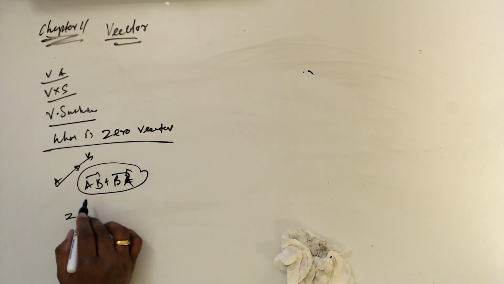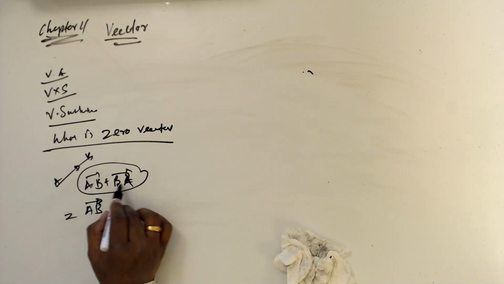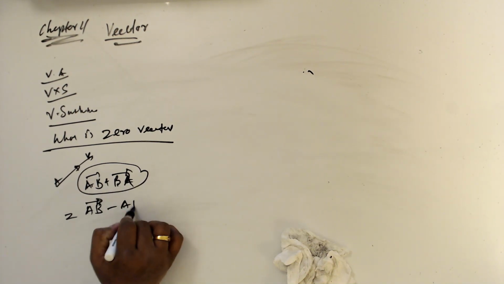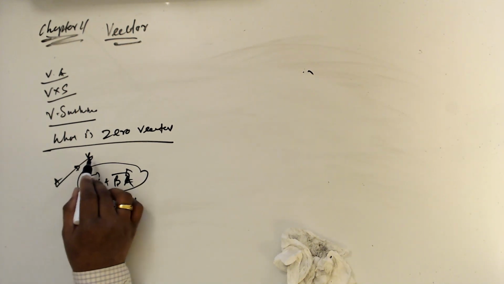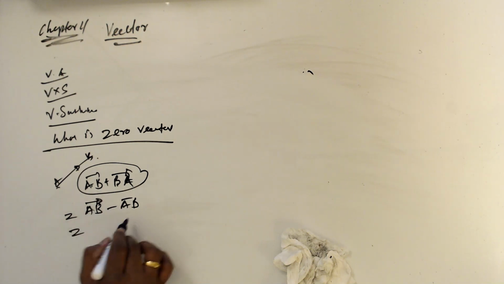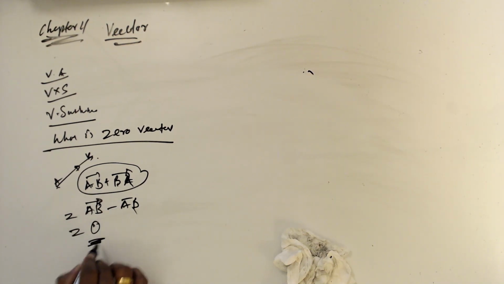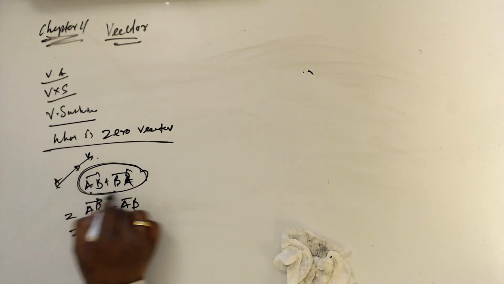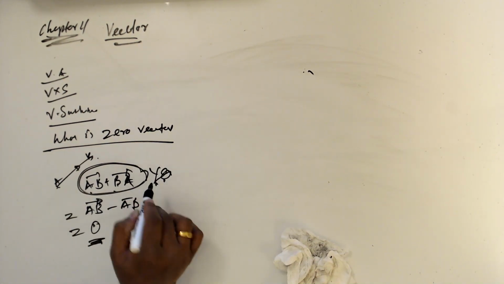Proof: AB, and BA I can write as minus AB. So AB minus AB cancels out. AB plus BA is the zero vector.